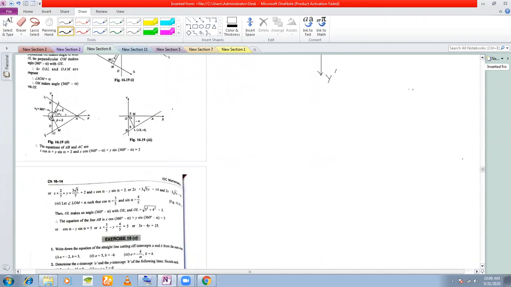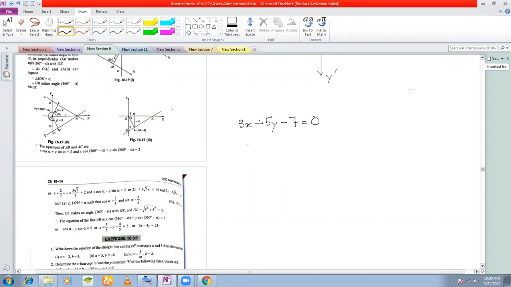Now the question is how to write an equation in the normal or perpendicular form. Suppose I give you an equation in this manner, let's say 3x minus 5y, and let's say minus 7 is equal to 0.